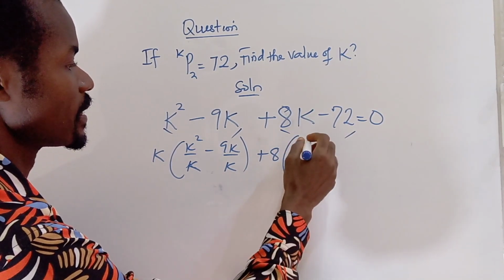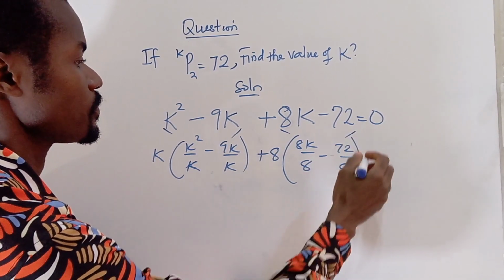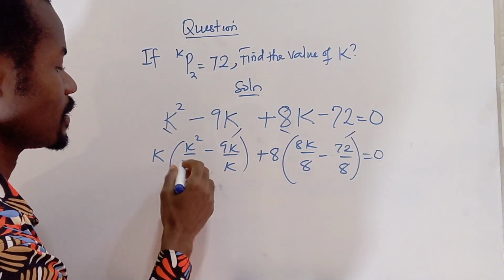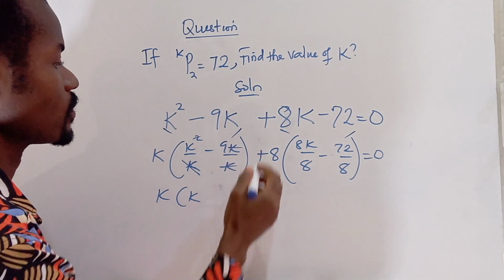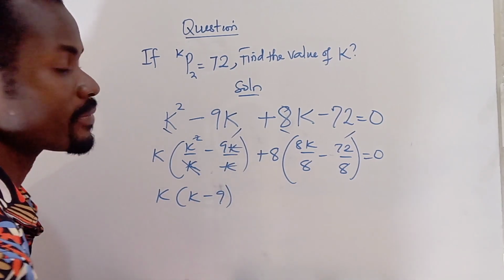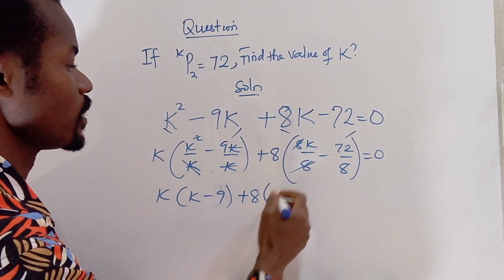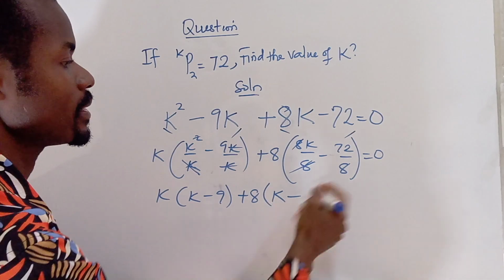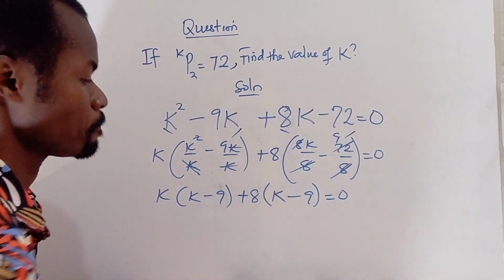I'm going to divide 8k by 8 and minus 72 by 8. Let's cancel: we have k into k, k will cancel k here, so we have minus 9 left. Then plus 8 into 8 will cancel 8, so we have k minus 9 is equal to 0.